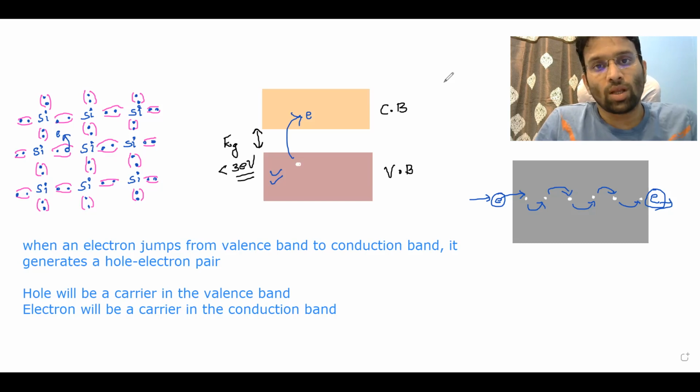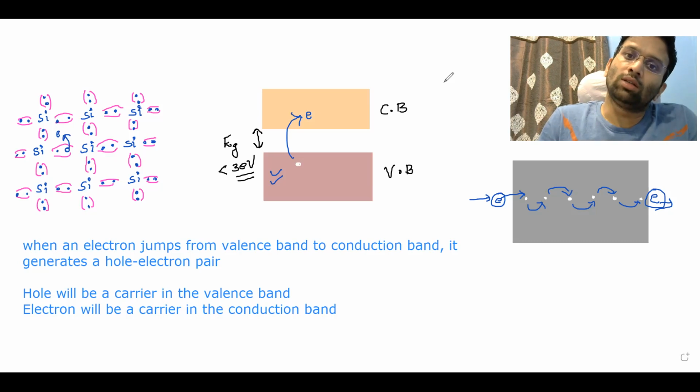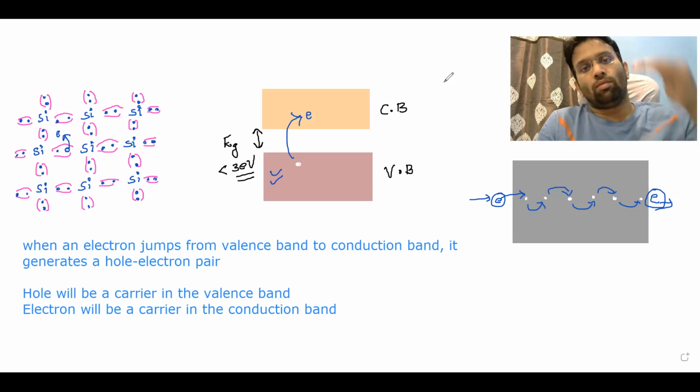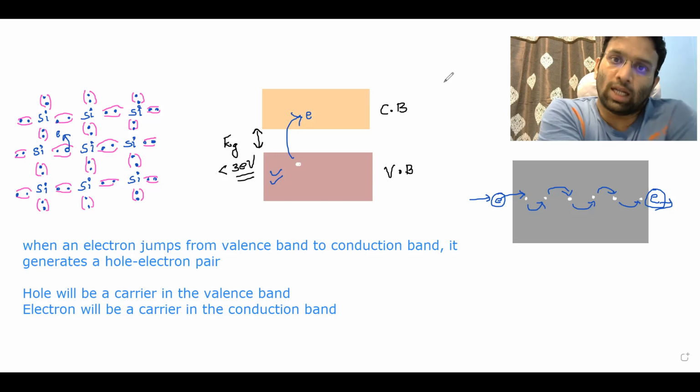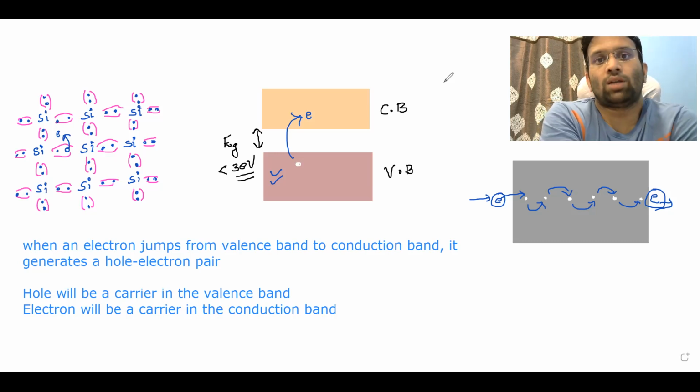So here everyone must understand that in the semiconductor, at some temperature other than 0 Kelvin, we do have a hole in the valence band and a corresponding electron in the conduction band, and both of these individually can conduct electricity. However, their energy being quite low, valence band holes conduct electricity at a much lower rate compared to the electrons in the conduction band.